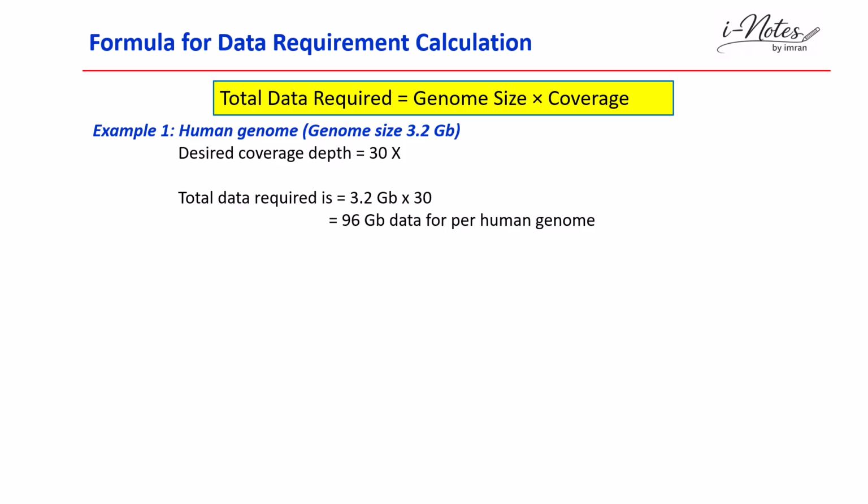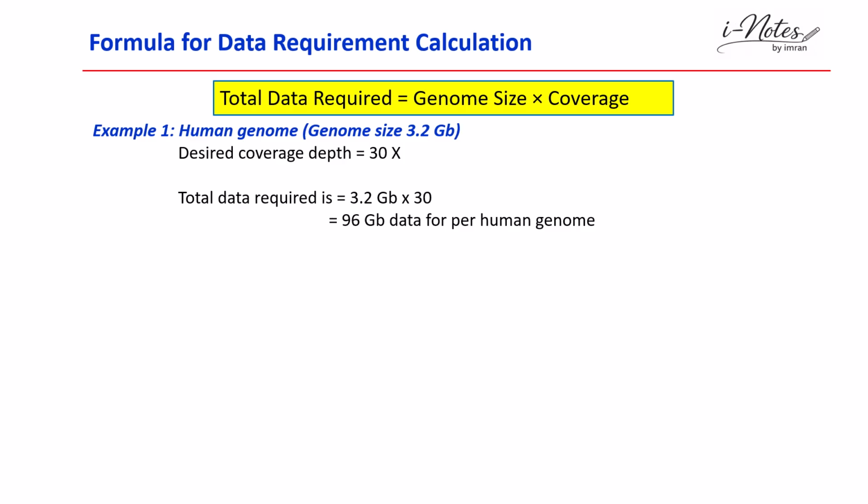This information is very relevant, because based on that, you can easily calculate how many samples you can accommodate in a flow cell. For example, if your flow cell has X GB or X TB of data, the maximum data that a flow cell can generate, you can simply divide by this number and get the number of samples you can accommodate in the flow cell.